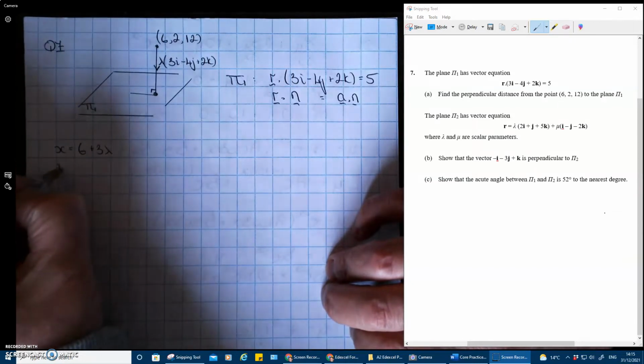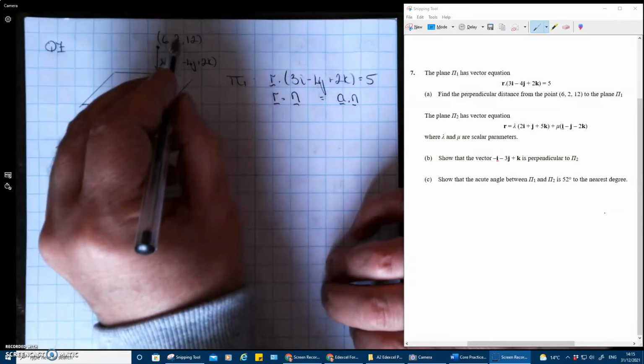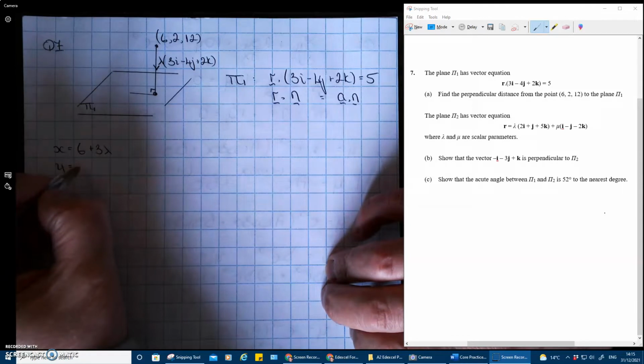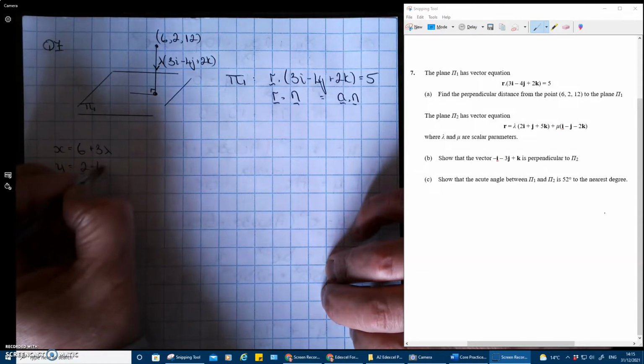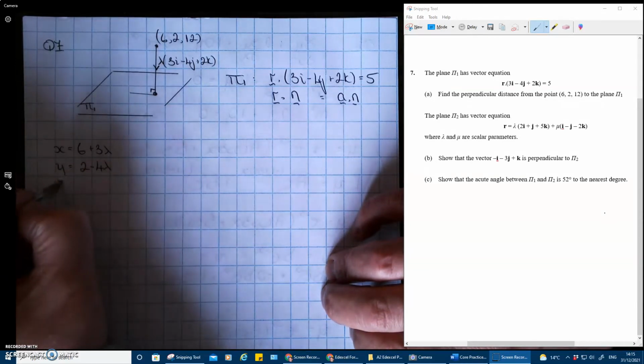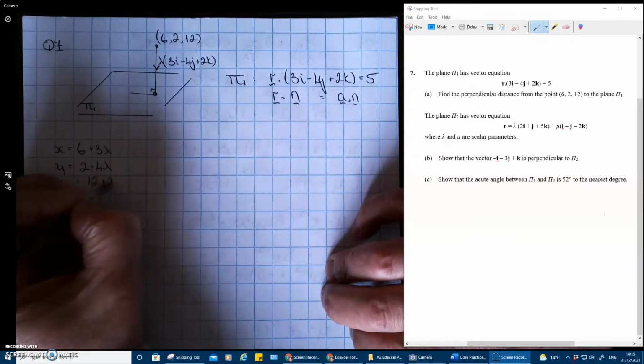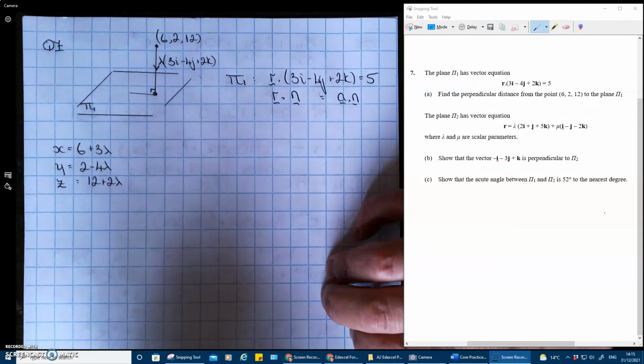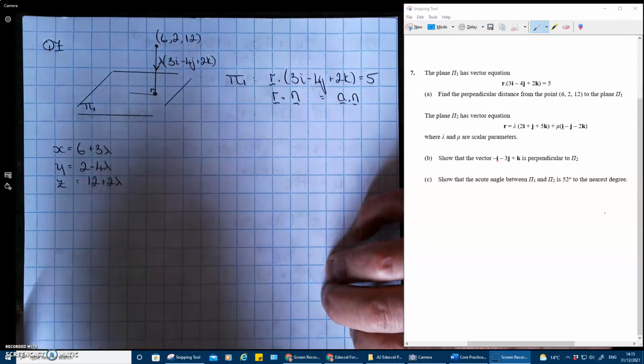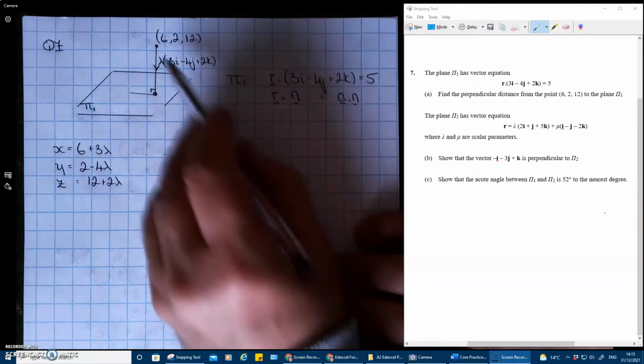The y is going to be starting from 2 and taking 4 lambda. And the z is going to be 12 plus 2 lambda. Okay, so that's in the i, j and k directions. So I've gone from there to there.